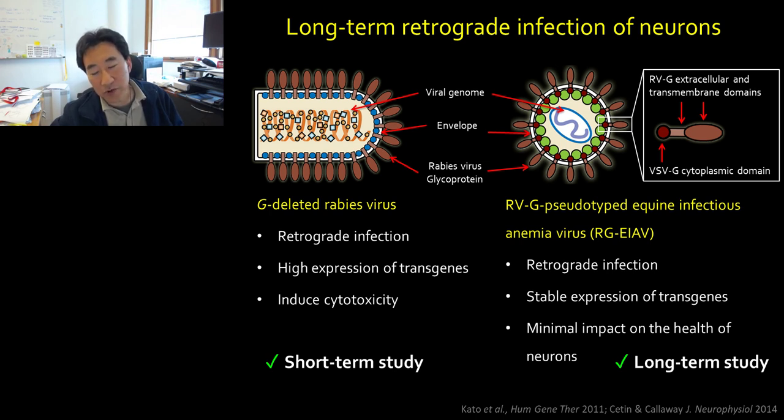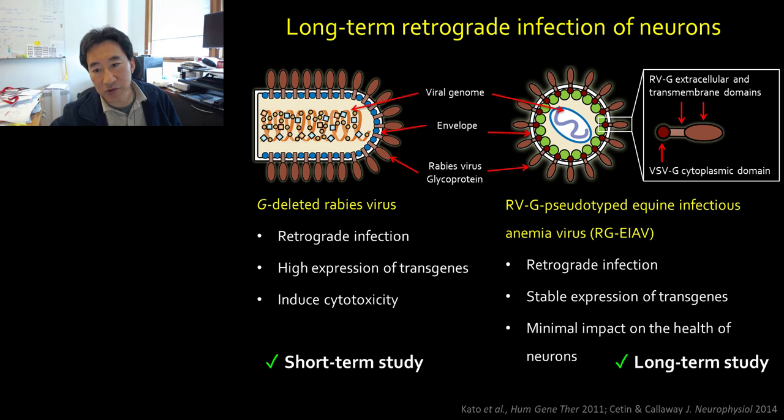You know that the rabies virus is a very potent retrograde tracer, and Hongwei already showed many beautiful data labeled by the rabies virus. It's important for the retrograde infection, and it expresses the transgene at a very high level, but it induces toxicity, so you cannot use it for a long period of time. The property of retrograde transduction is mainly because of the glycoprotein on the surface of the rabies virus.